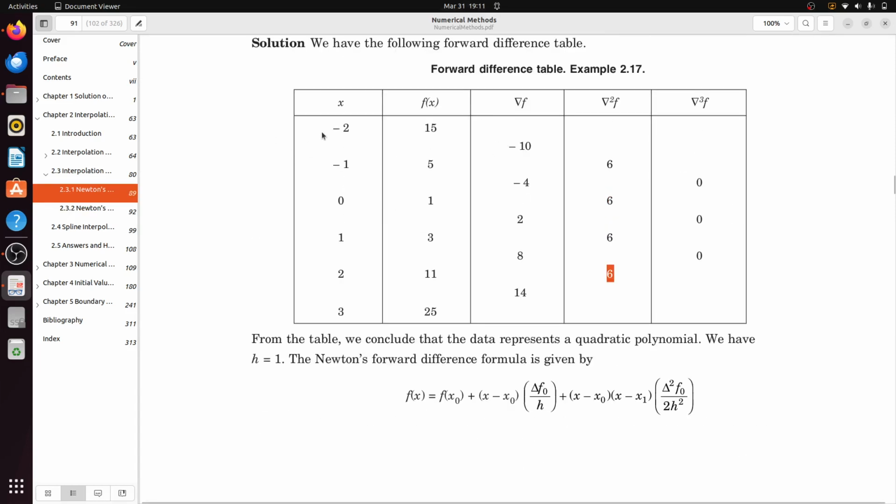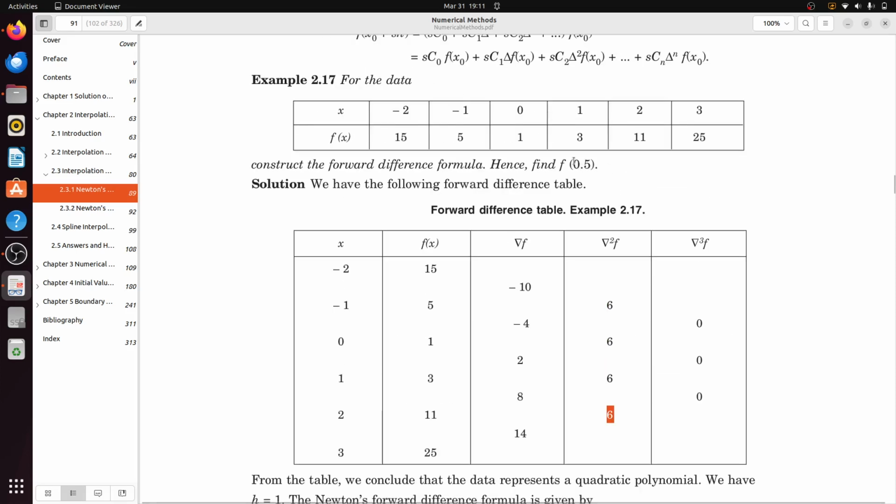See, whenever you want to compute, the forward and backward difference interpolation formulas are two identical ones. Now when to consider forward and when to consider backward? When the point at which you want to interpolate is close to the first few values, you use the forward difference table.